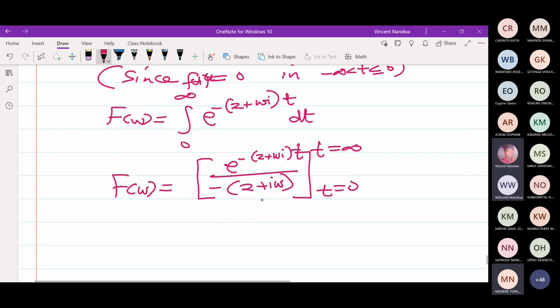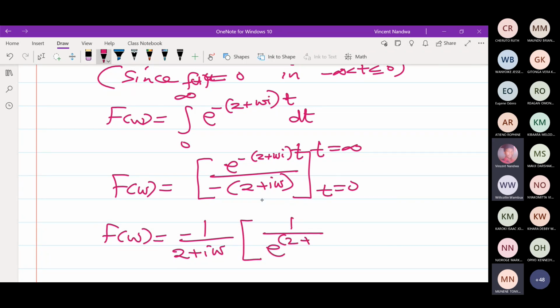So I can pull out negative 1 over (2 plus i omega), and then I write 1 over e raised to power (2 plus i omega) t from 0 to t equals infinity.